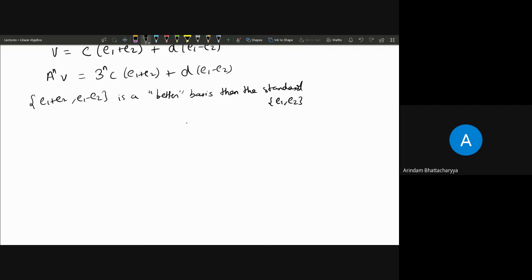Whether some combination forms a basis or not is a hard problem, but there are ways to do that. For at least R2, you can just see that they are linearly independent because they are not multiples of each other. But in general, it's hard, actually it's not that hard, but it's hard to check whether this is a basis.